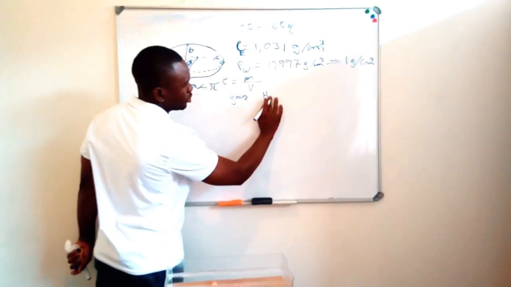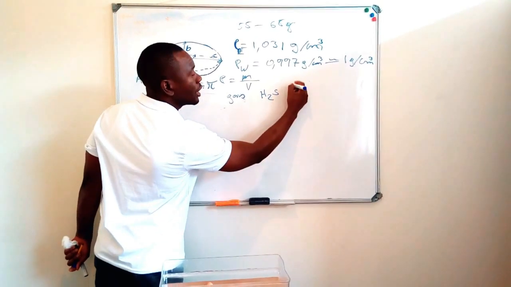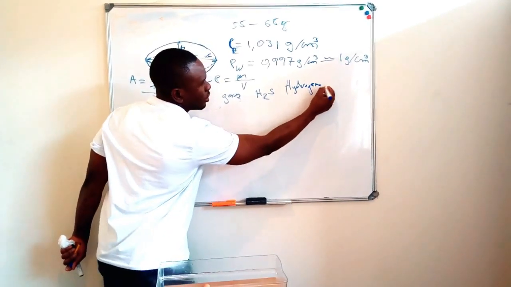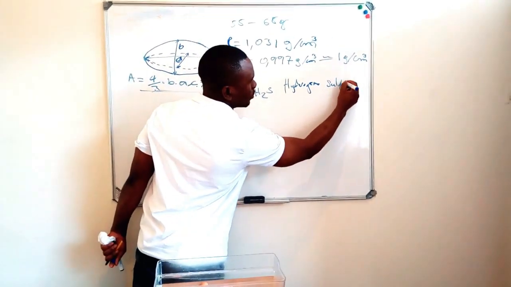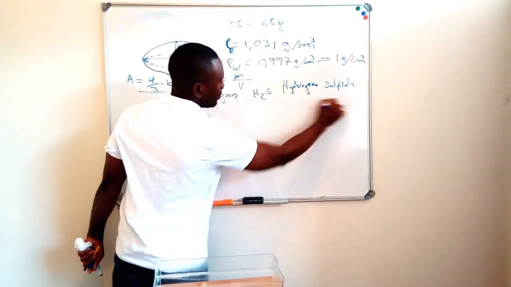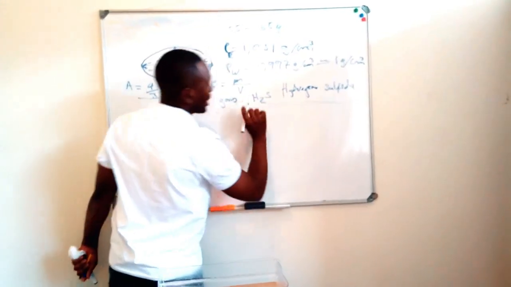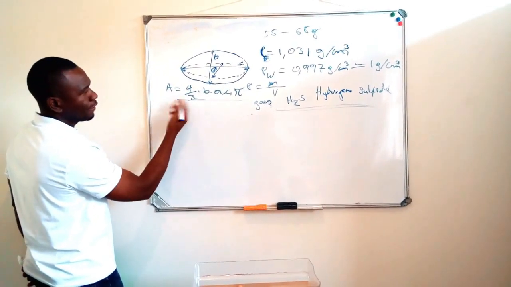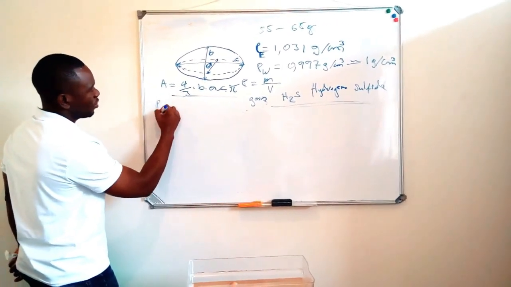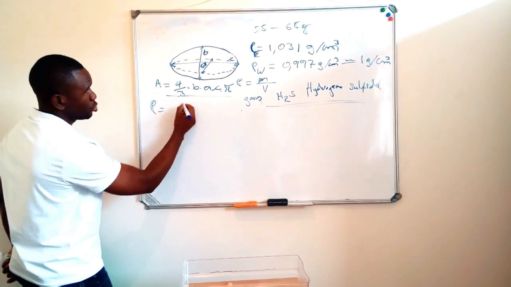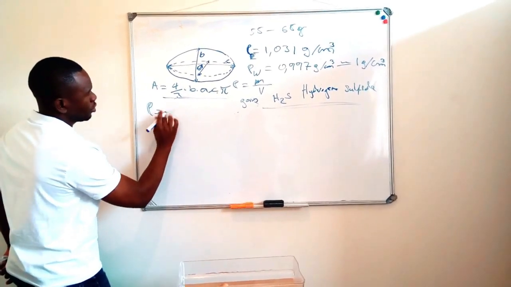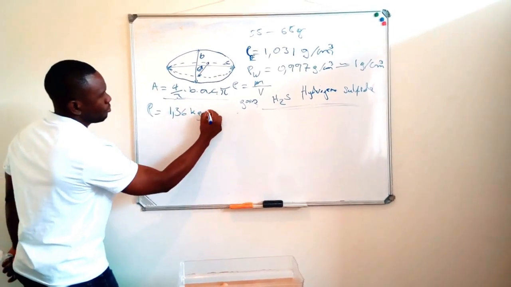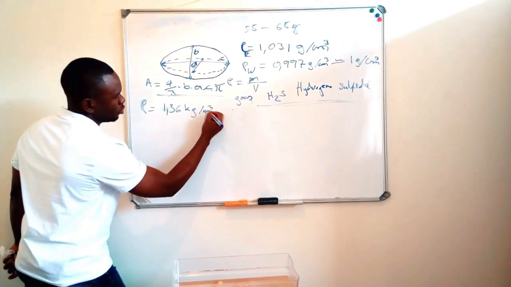In an expired egg there is hydrogen sulfide gas, and we all know that the density of hydrogen sulfide is equal to 1.36 kilogram per cubic meter.